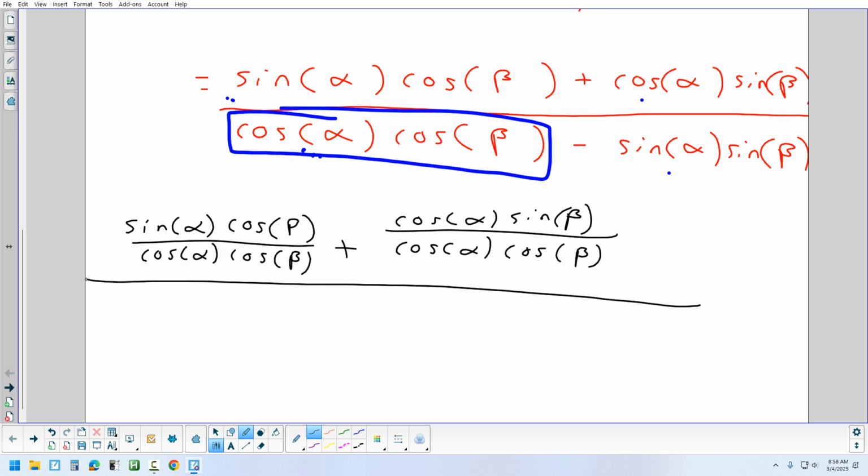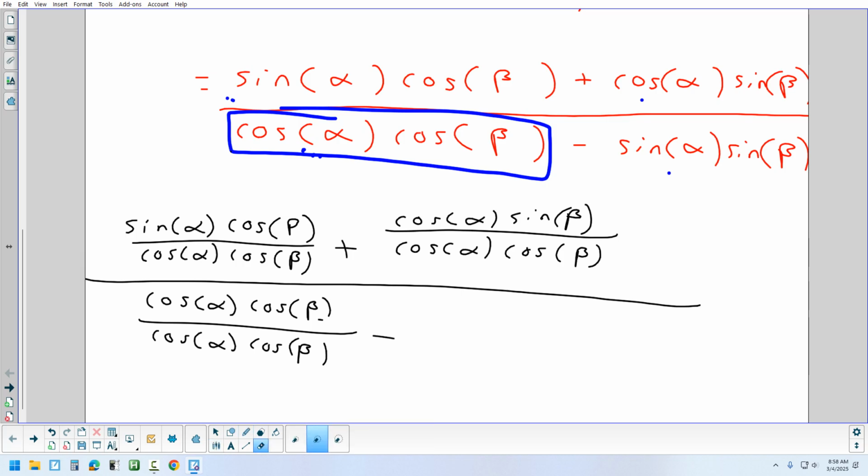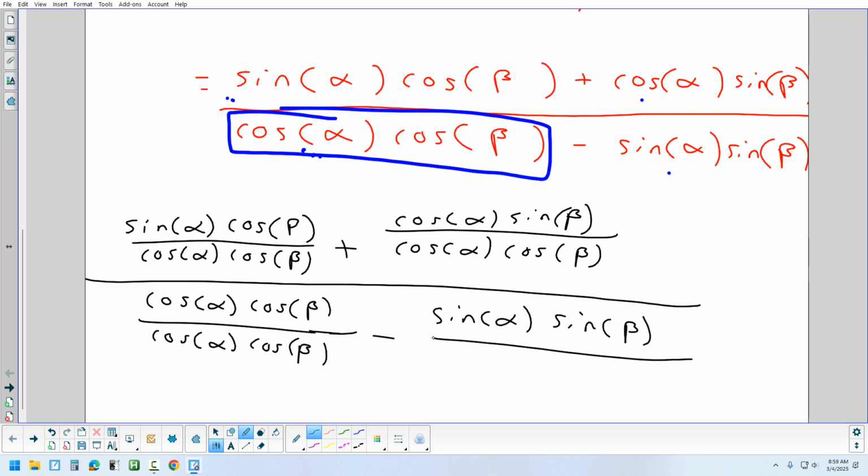Okay, now in the bottom, we're going to take the cosine alpha, cosine beta, and we're going to divide that by itself. And now we're going to take what's in the lower right, sine alpha, sine beta, and we're going to divide that by what's in the blue box. We divided all 4 of them by the blue box.